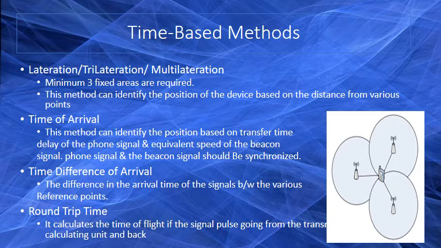And the time difference of arrival. The time difference in the arrival of the signals between the various reference points is used. So whenever the signal is transmitted from a device and then transmitted back to the receiver, you can get the difference in the arrival of their signals, and from this difference in arrival time of the signals at the reference points, you can calculate the position of the system.